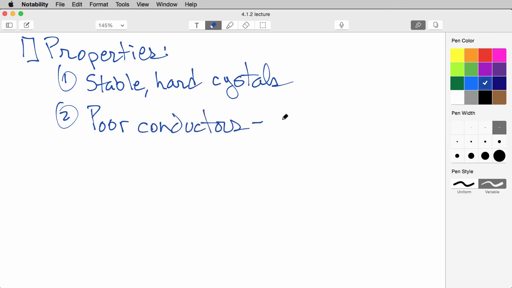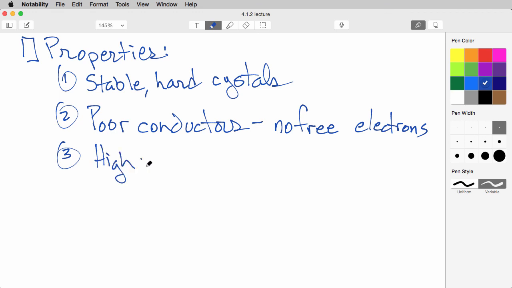Why? Well, because they have no free charges or no free electrons to conduct. Thirdly, there's often a high vaporization temperature. So they don't like to become vapor very easily.